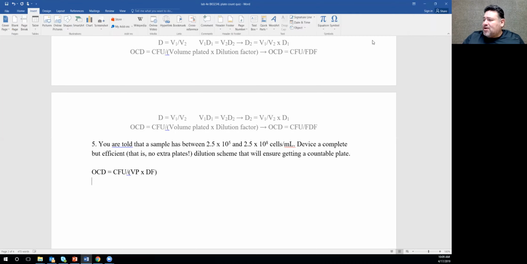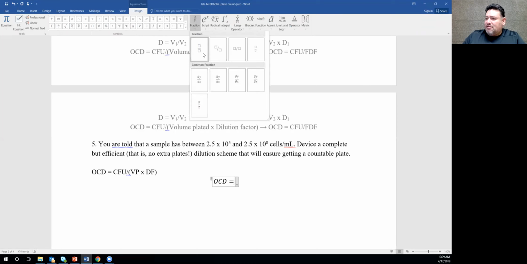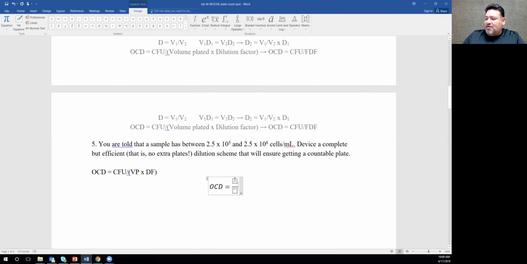So we have to solve for that dilution factor. I'm going to use my equation writer and say OCD is equal to the number of colony forming units, CFU, divided by volume plated times the dilution factor.